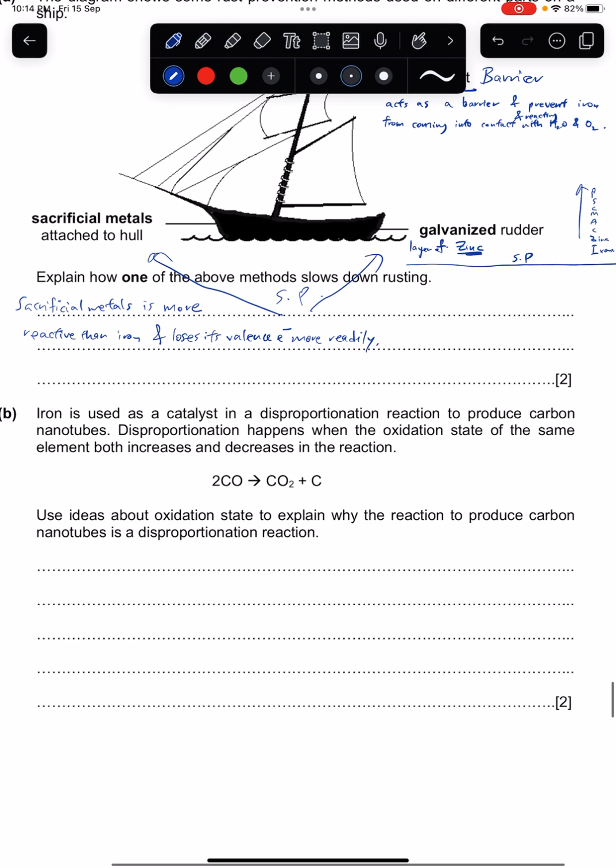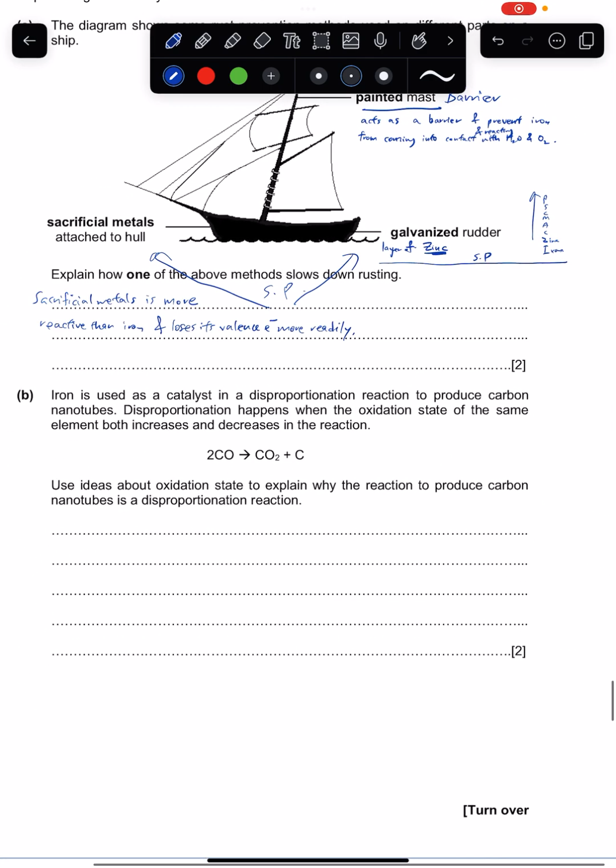Zinc is more reactive than iron and loses its valence electrons more readily. Yep, that's the first mark.